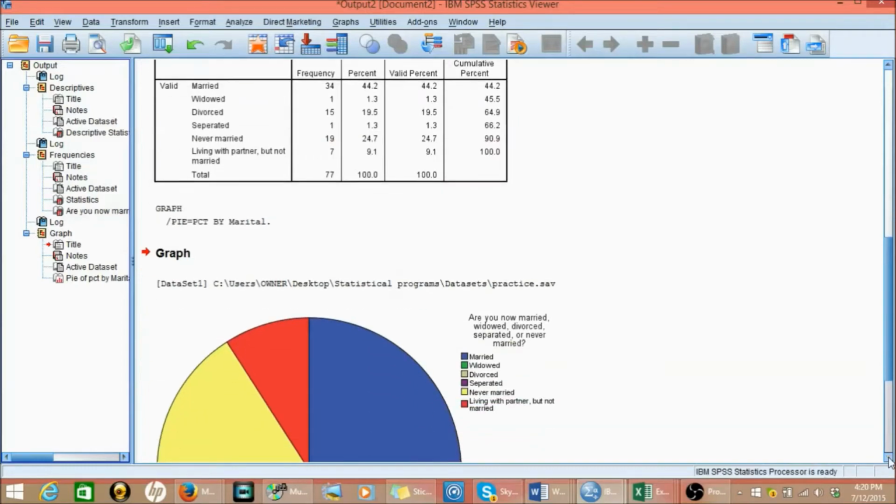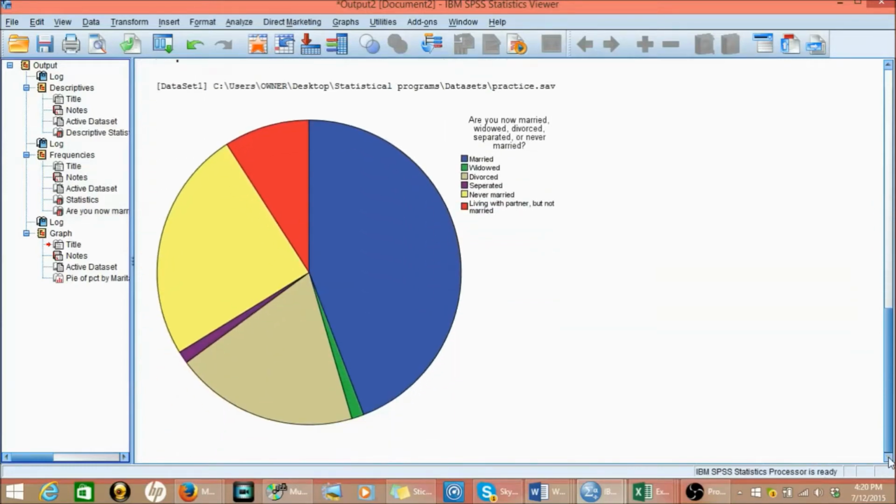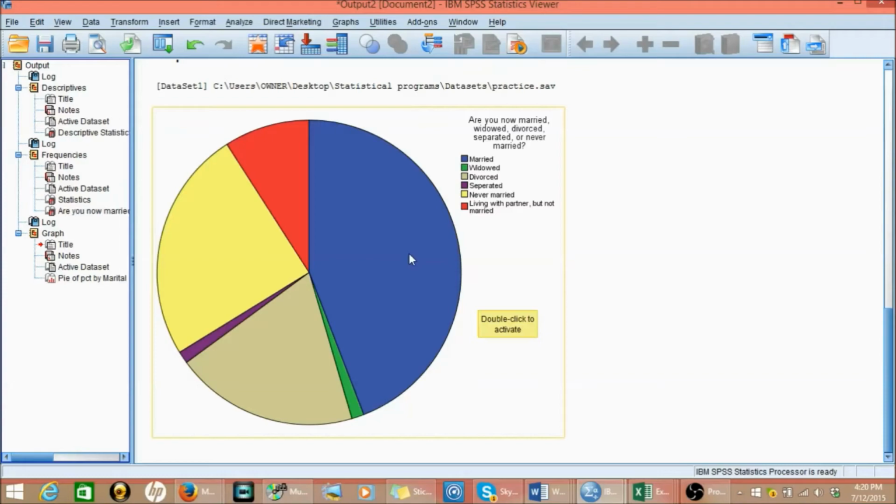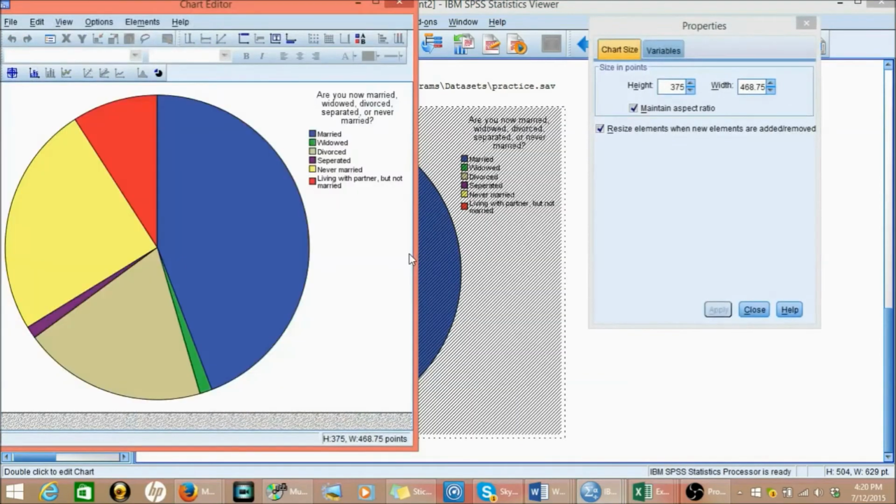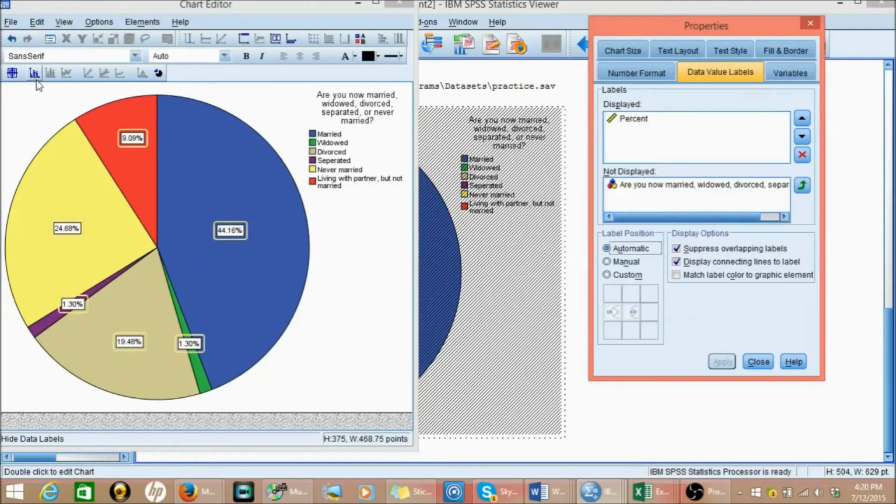Now this gives us a great pictorial representation of what's going on. And if I want to, I can even go in here and double click on this. If I double click on my chart or my graph, I can then adjust this and edit the chart and the graph. So let's say I want to add some labels to it.